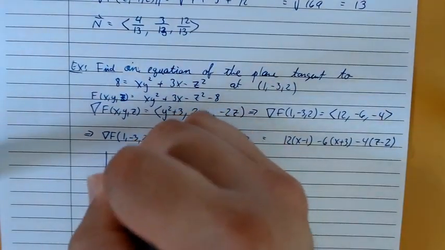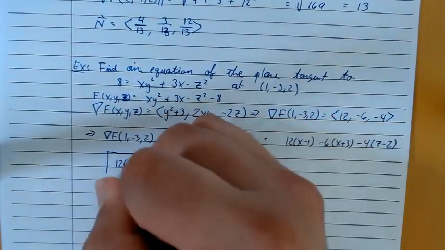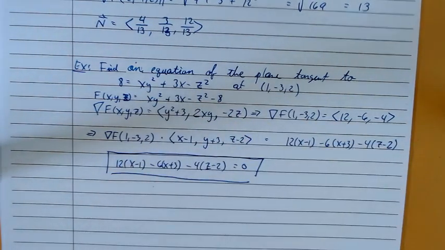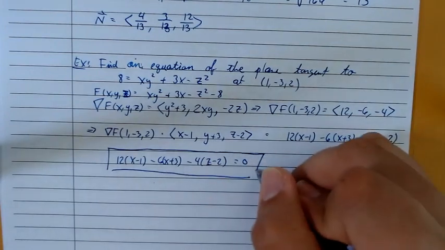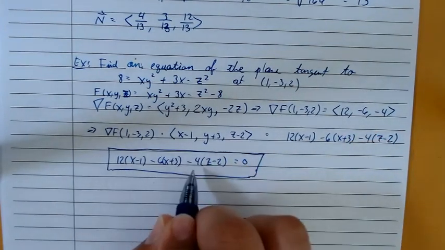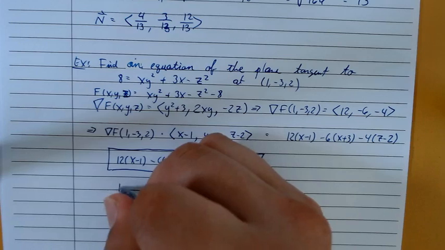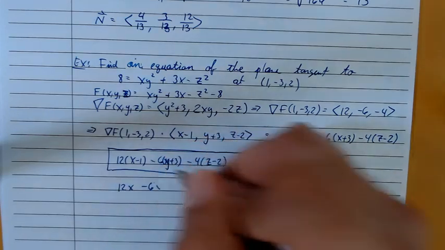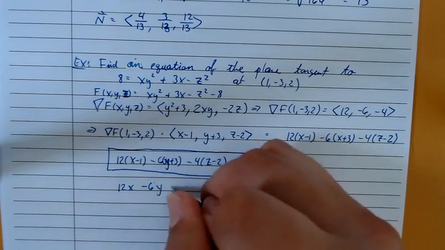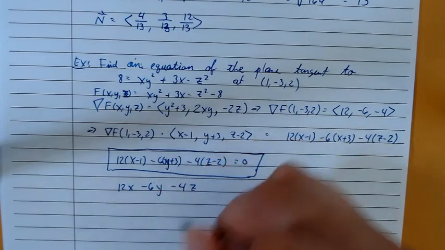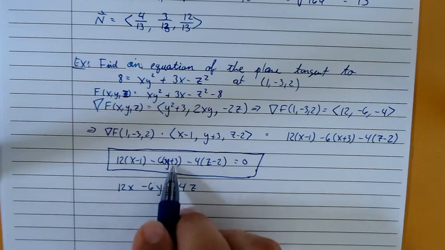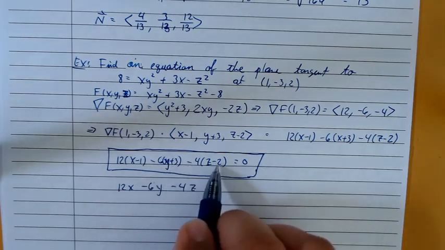And that'll give us one version of the equation of the plane that is tangent to this surface at this point. Note that oftentimes you will distribute these. So you can write this as 12x minus 6, oh, there should be a y there, shouldn't it? Minus 6y minus 4z. And then this would be what? Minus 12 minus 18, which is a minus 30, plus 8, which is a negative 22.